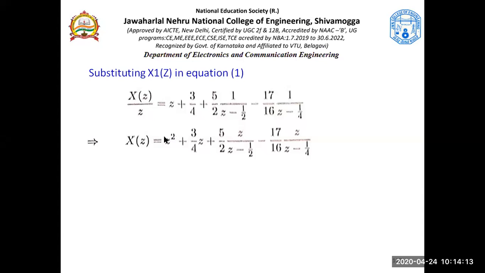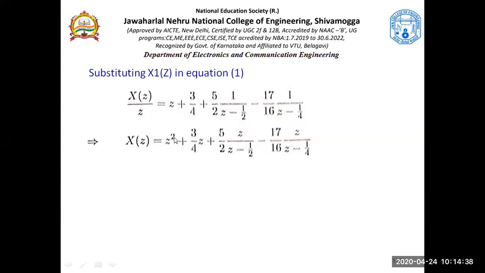Now, what is the inverse z transform of z squared? When do we have z squared? When we have delta of n plus 2, we have z squared. When we have delta of n plus 1, we have z. So these are z transforms of shifted unit impulses.